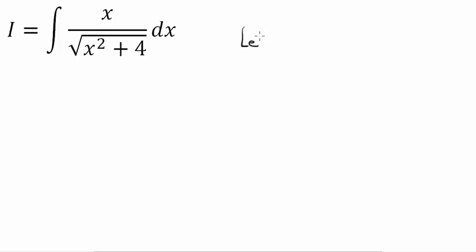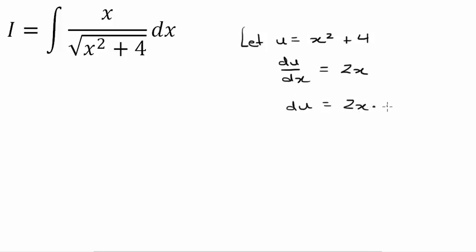Let's let u be x squared plus 4, right? And we take the derivative, so the derivative of u with respect to x will become 2x, right? And if we treat the differential dx as simply a number, we can multiply dx to both sides. So du equals 2 times x multiplied by the differential dx.